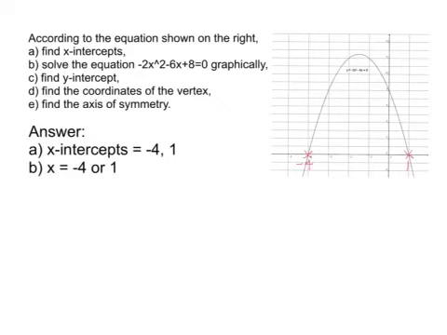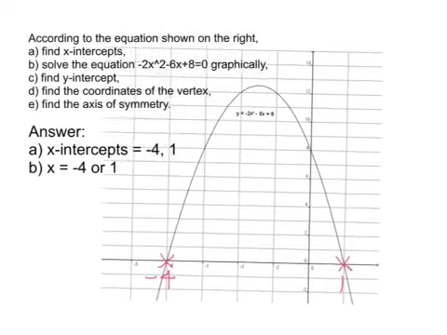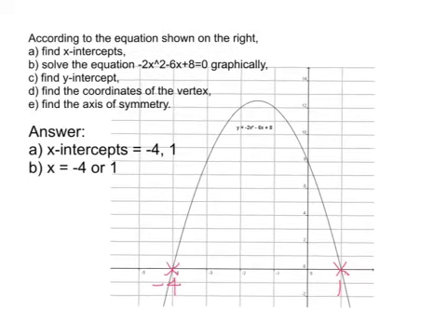Now part C, find the y-intercept. What is the y-intercept? The y-intercept is the point where your graph intersects with the y-axis, which is this point, right? Let me make this bigger, and of course you can see it's right here.